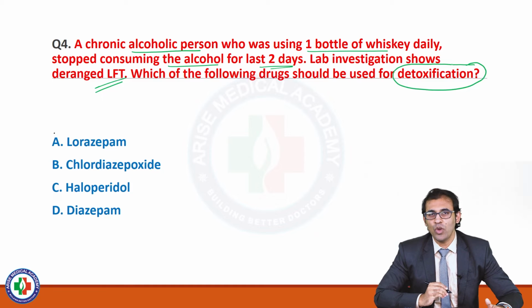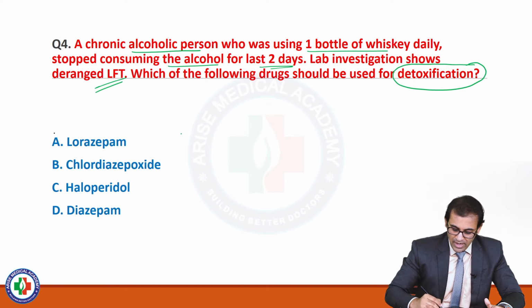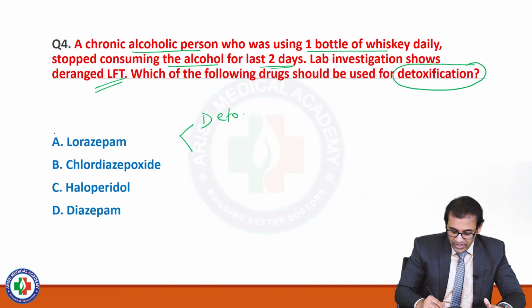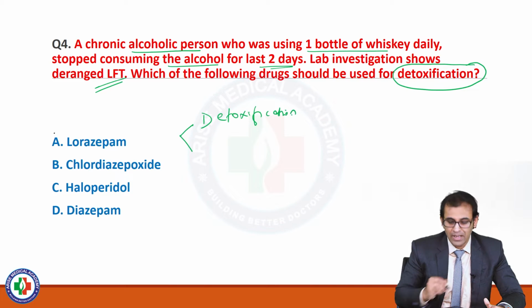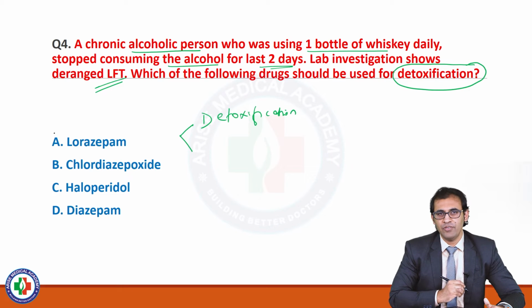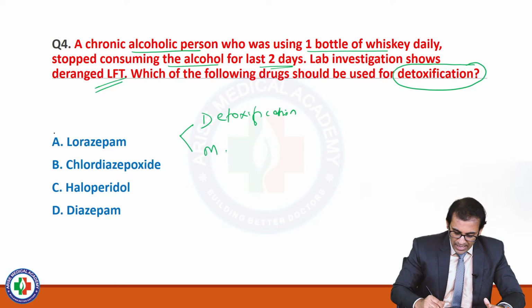Whenever you are going to manage a case of alcoholism, first of all, you have to do detoxification. And after detoxification, you have to maintain the abstinence.